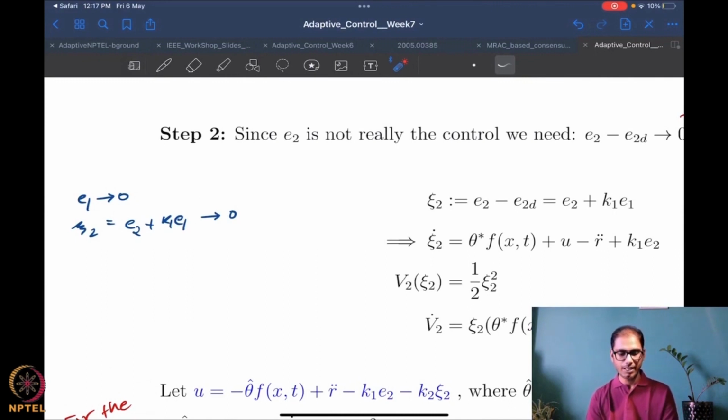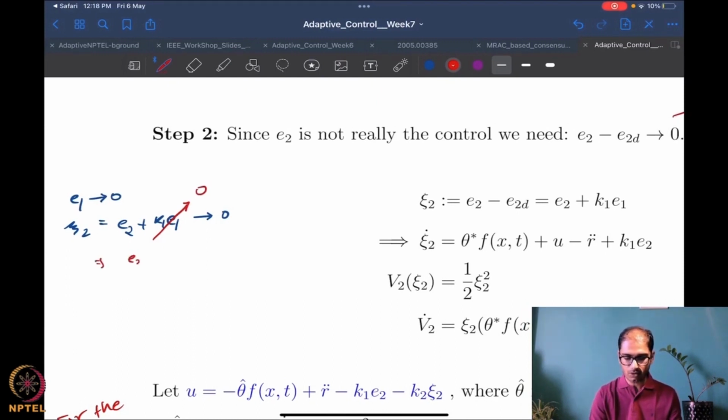All right, excellent. Now we had asked ourselves a question: does this mess with our original objective of driving the errors to 0? The answer is no. Why? Because we just proved that E1 goes to 0, and E2 plus K1 E1 goes to 0. But because in this piece E1 is already going to 0, what we have essentially proved is that E2 also has to go to 0. If this summation is going to 0 and this piece is already going to 0 from here, then the only way the summation can go to 0 is if this guy also goes to 0.